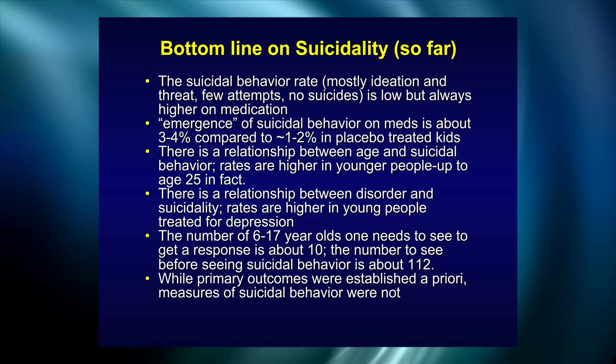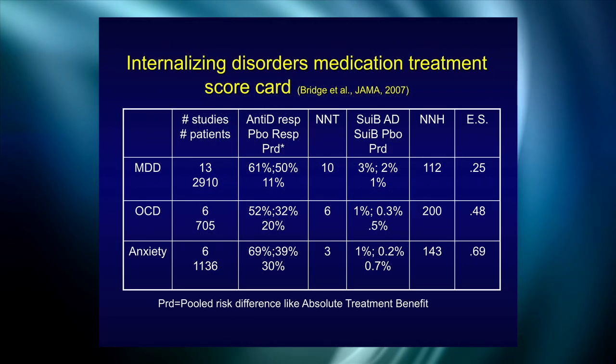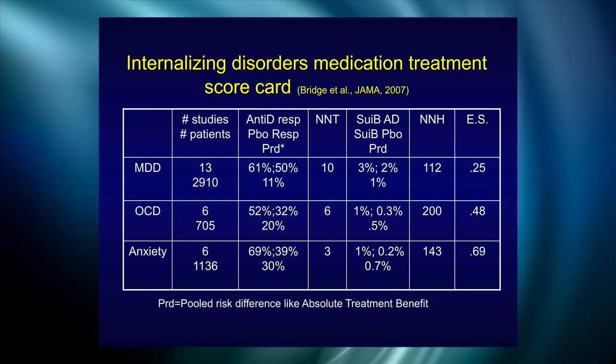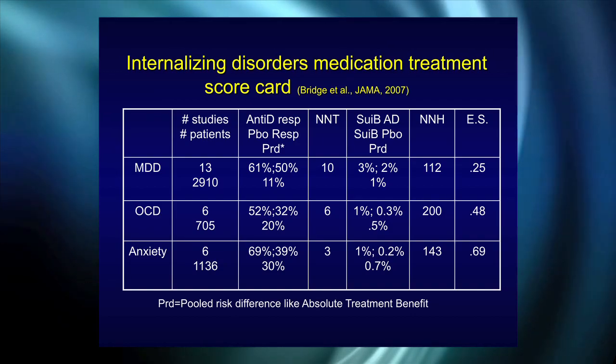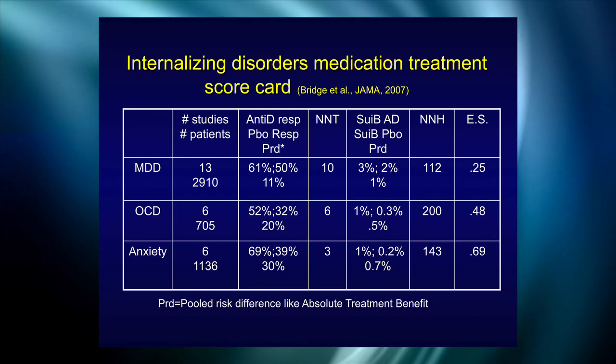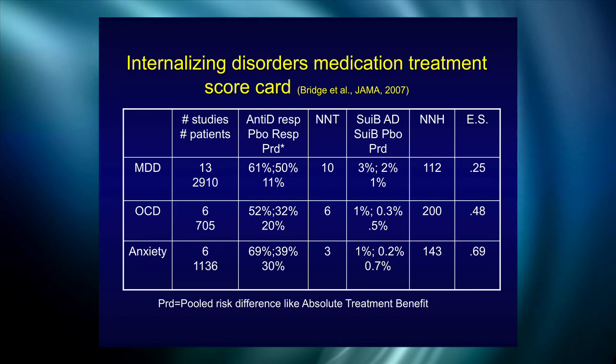And the scorecard here that I thought was very helpful, it was published a few years ago, to look at that risk versus benefit is this. I was talking yesterday about number needed to harm and number needed to treat. The number of people that you need to see and treat before you get a response is the number needed to treat.